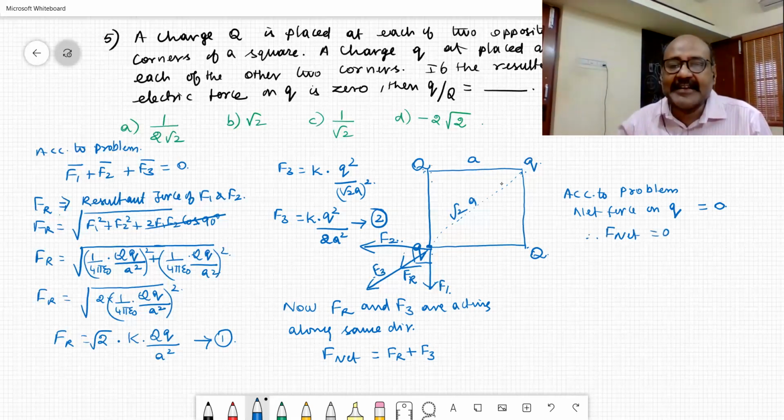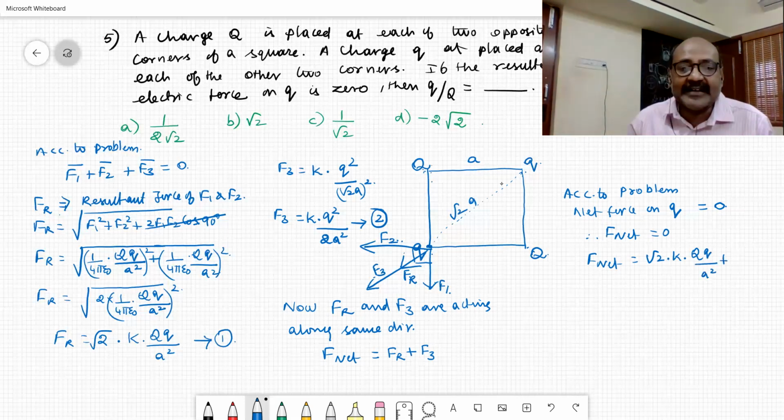F net equal to 0 means I can write F net equal to, what is Fr? Fr is root 2 into K into capital Q into small q divided by a square plus, what is F3? F3 is K into q square divided by 2a square.